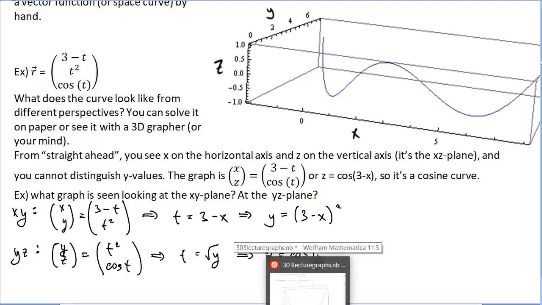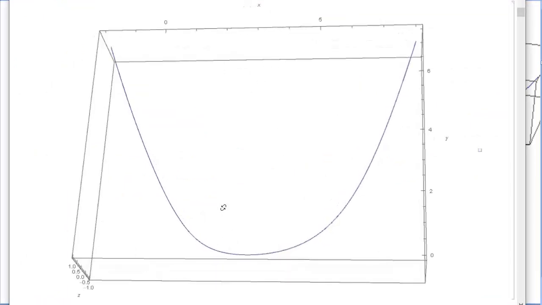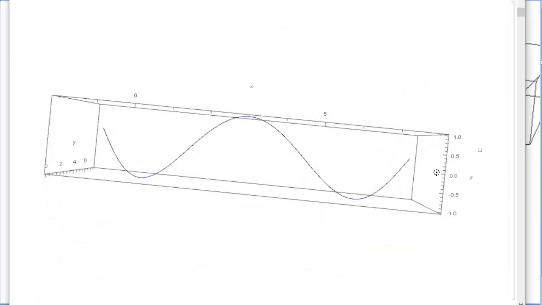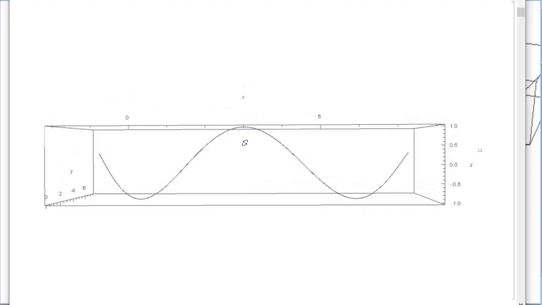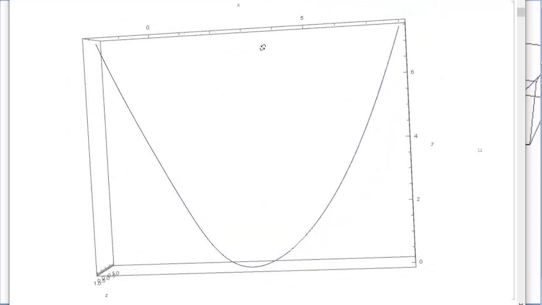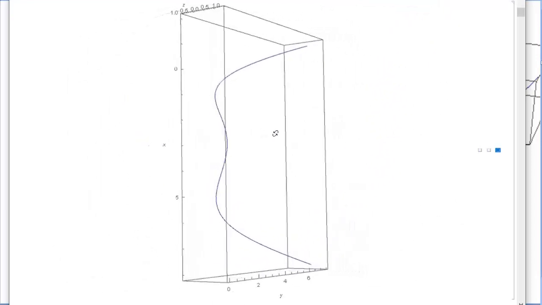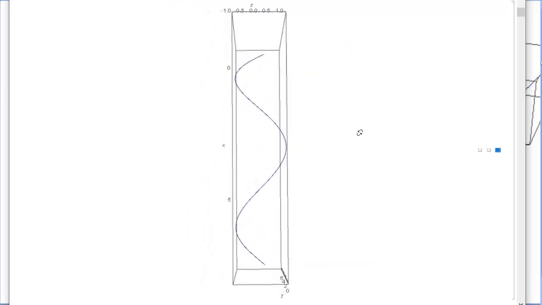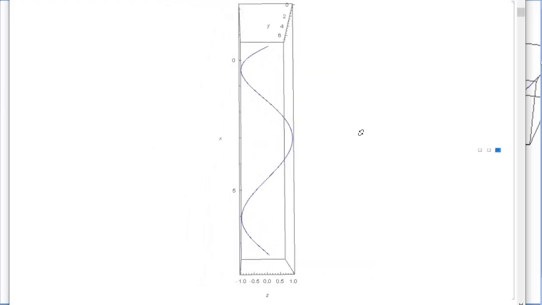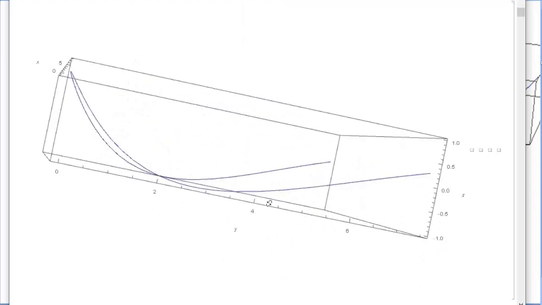Now, let's take one more look. What about swinging around here? Now, what about from the YZ perspective?